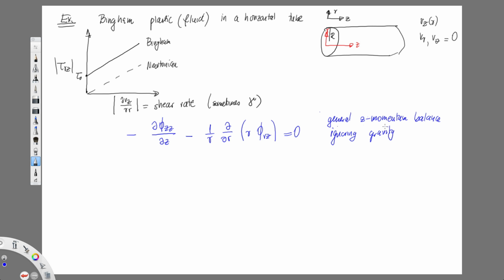This part is still valid, and a lot of the derivation is the same. We know that phi zz is pressure plus tau zz plus rho vz squared, and phi rz is tau rz plus rho vz vr. With vr still being 0, this will be 0. So this is tau rz.